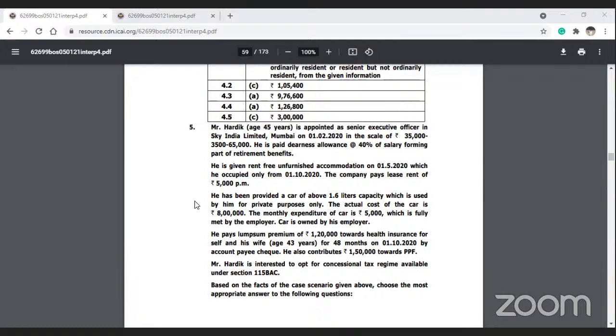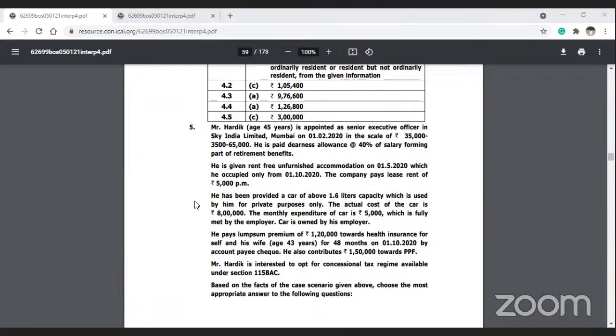Although it started in October 2020, it was in force till 1st October 2024. As it was in force in that year also, we'll take it as 5 years.